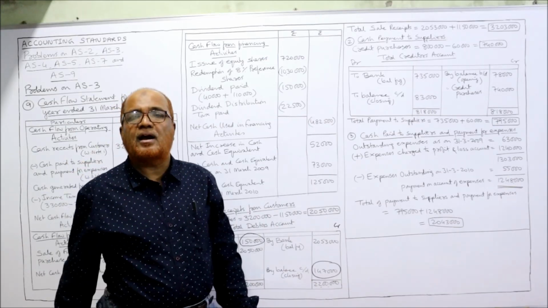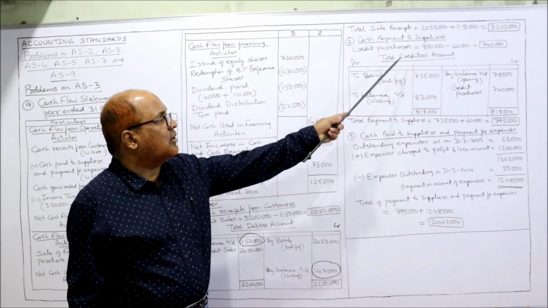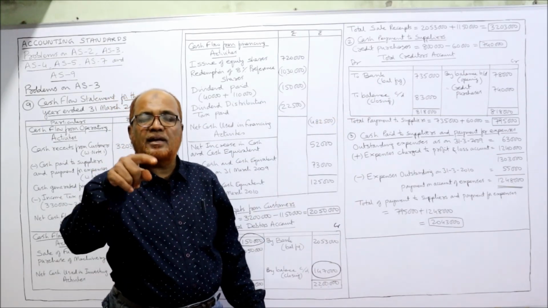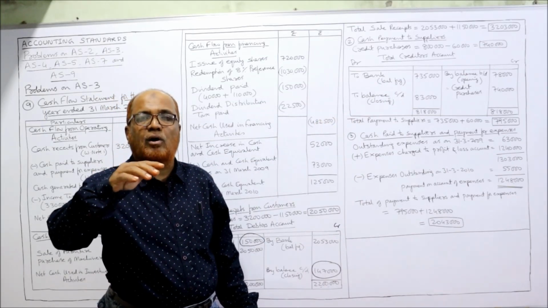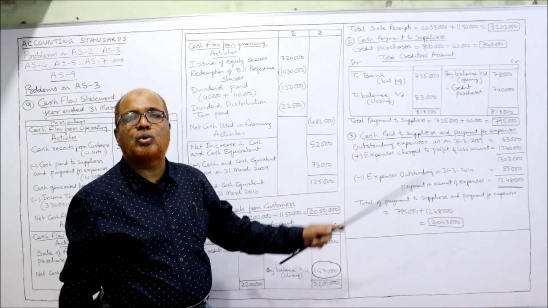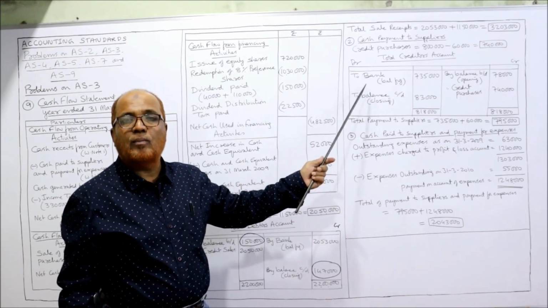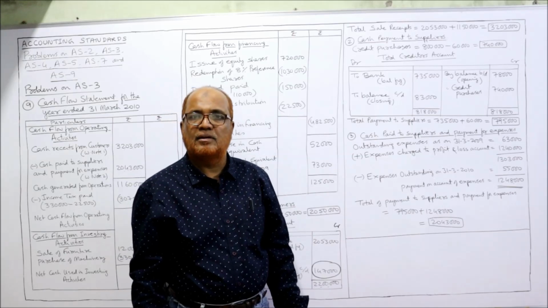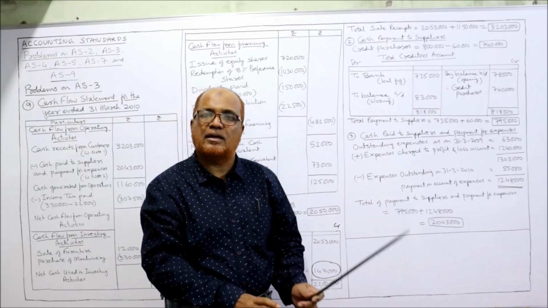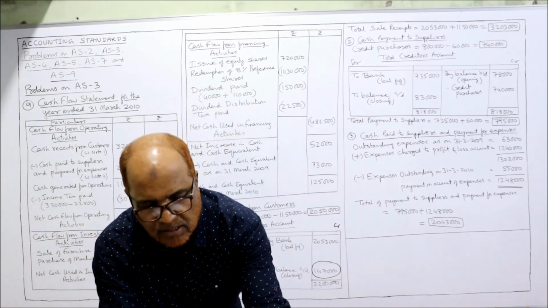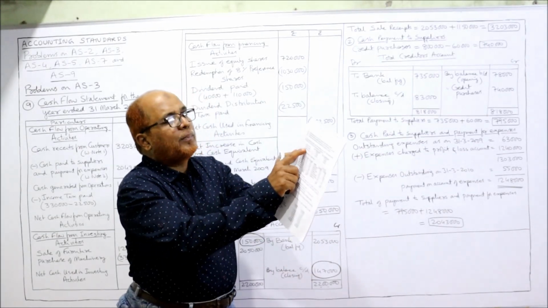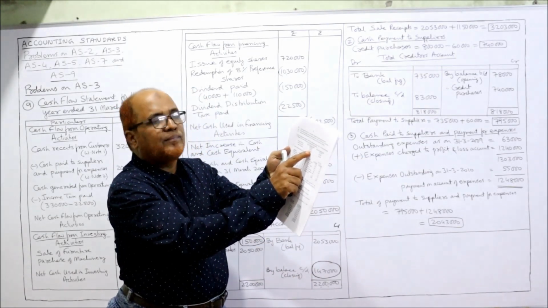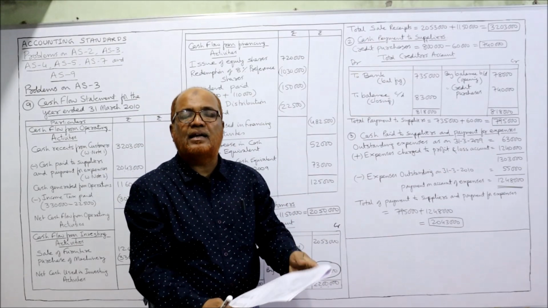Now we open the total creditors account. This total creditors account is prepared to find out how much is the payment made to creditors, to suppliers. Creditors means suppliers, right? Now opening creditors and closing creditors are given. Opening creditors are 78,000 and closing creditors are 83,000.